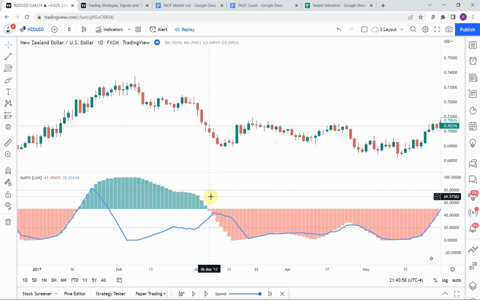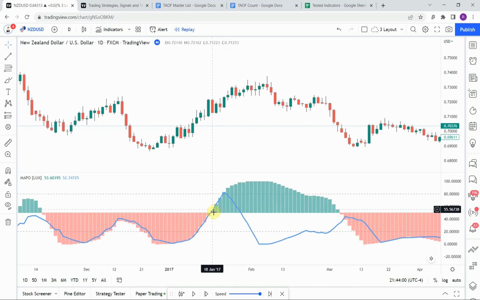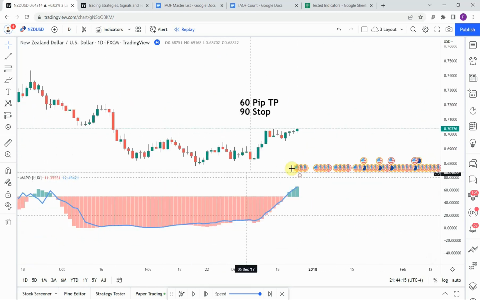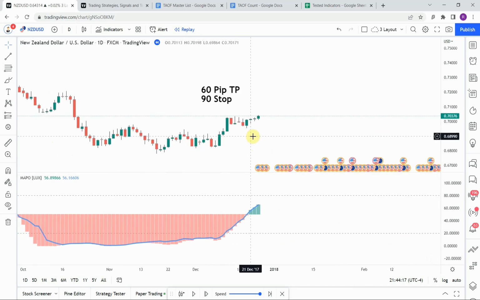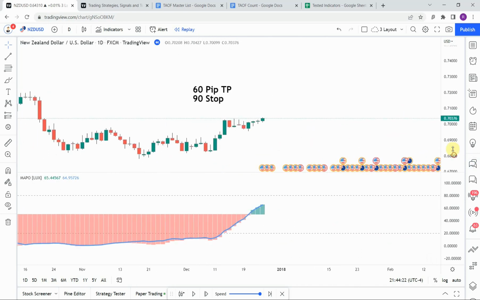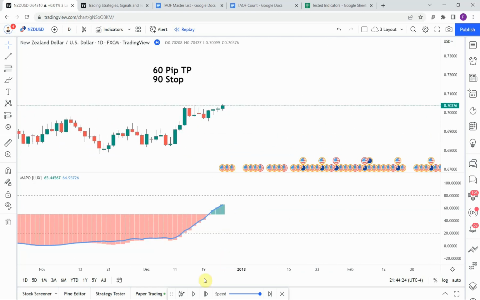And that would be a signal to then go short. Right here, you can see that we get a break to the top side with the green bars, and you can see that the blue line is also above that 50 marker, that pivot point right down the middle. So that would be a signal to go long. So pretty simple. Again, I probably explained it way more complicated than it needs to be. So let's go ahead and get on with the testing and see what we can get out of it.